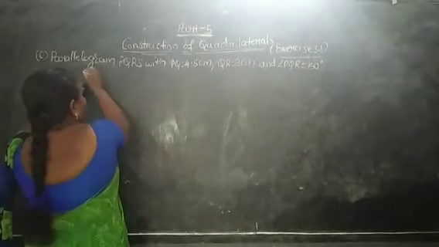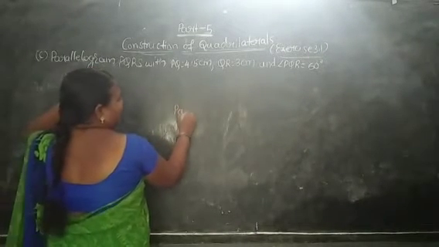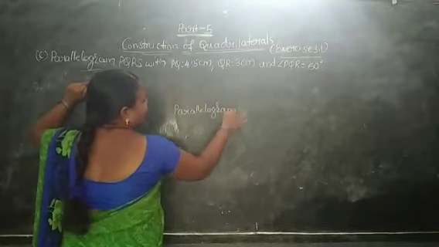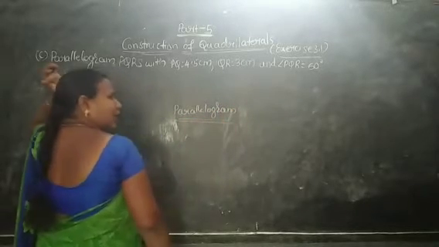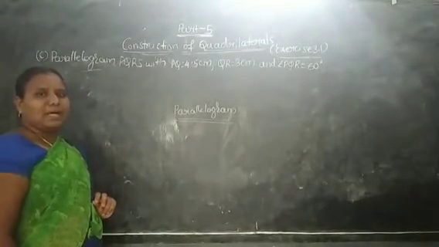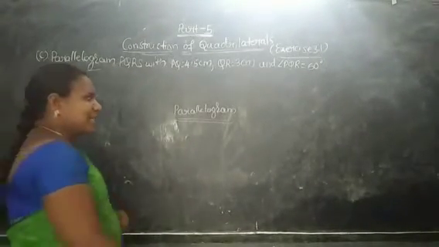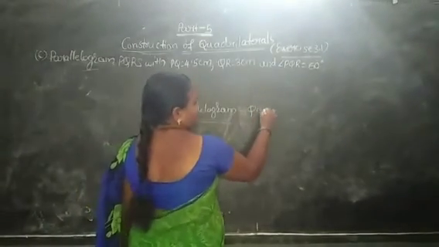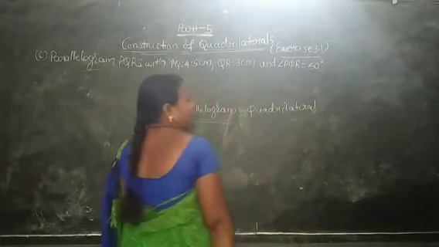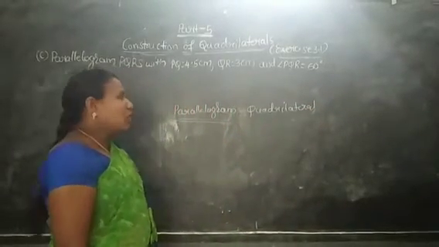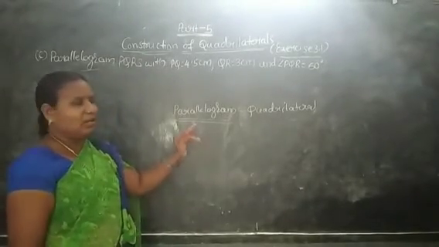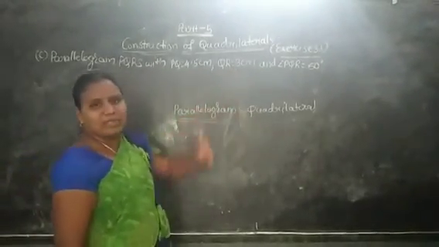Parallelogram is given here. So we know that parallelogram is also a quadrilateral. So how can we construct this parallelogram quadrilateral with these measurements?